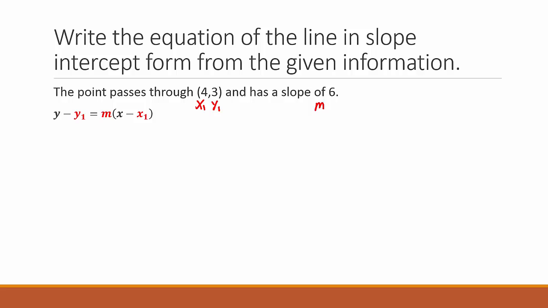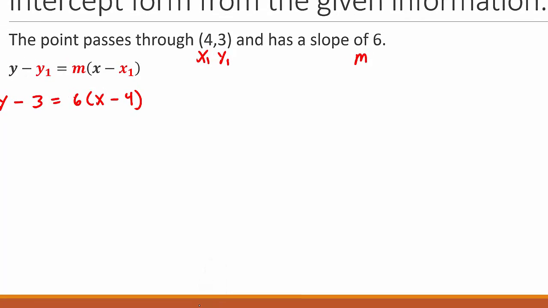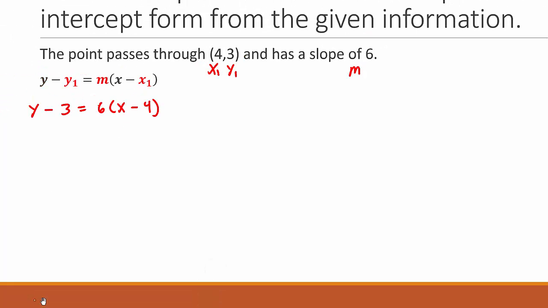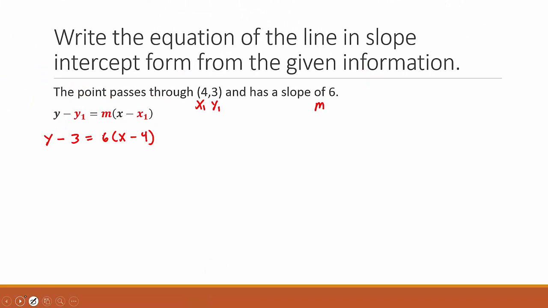So we're going to replace those 3 pieces in our point-slope form. y1 is the y coordinate of the point, which is 3. m is 6. Parentheses, x minus the x coordinate of the point, which is 4. So after you replace those 3 pieces, there are 2 steps. Clear your parentheses by using the distributive property.